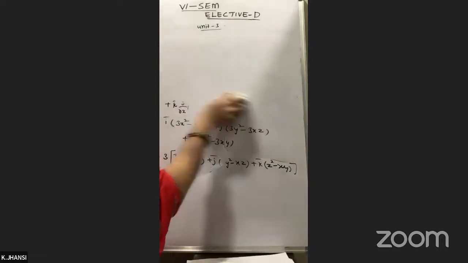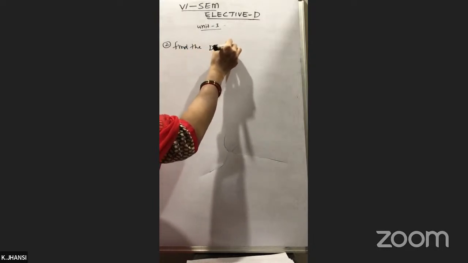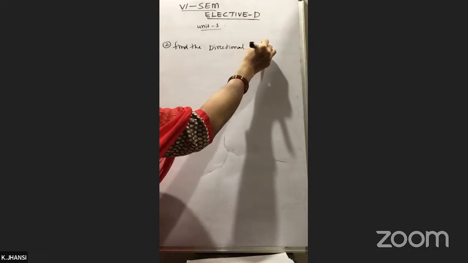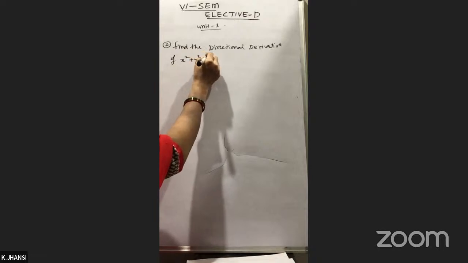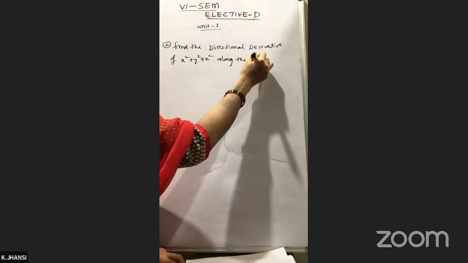This is about the gradient of the vector. Gradient means that del is defined as i dou by dou x and so on, so remember that for solving the problems.